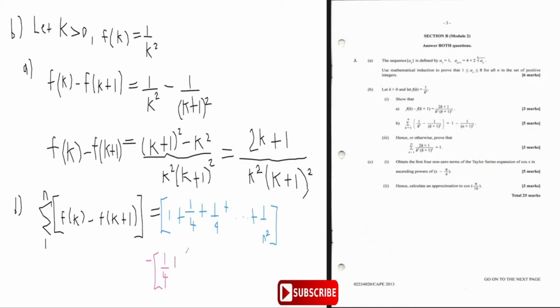So you get a quarter plus 1 over 9. Plus, you keep on plugging in values until you reach the last term. When you put k as n, you get 1 over n plus 1 all squared. Nice. So that's method of differences.